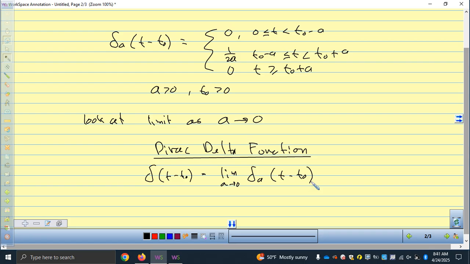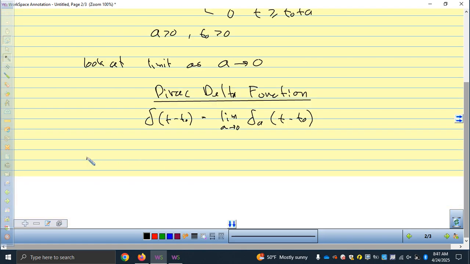Now, the Dirac delta function is not a true function, but we can define it by its properties. We can write delta of t minus t0 is infinity for t equals t0 and 0 for t not equal to t0.